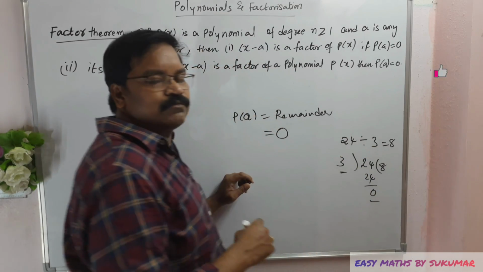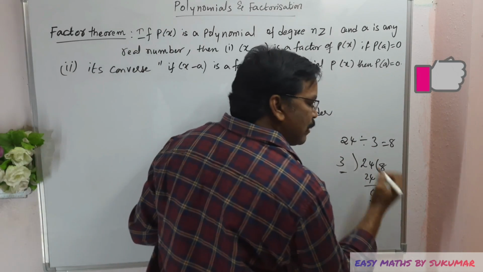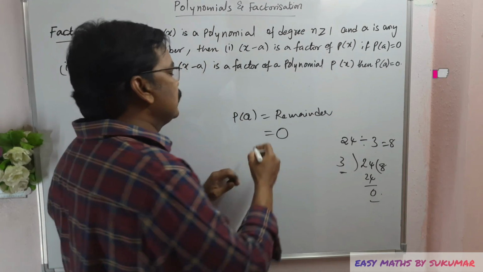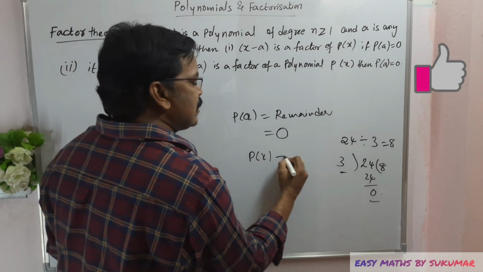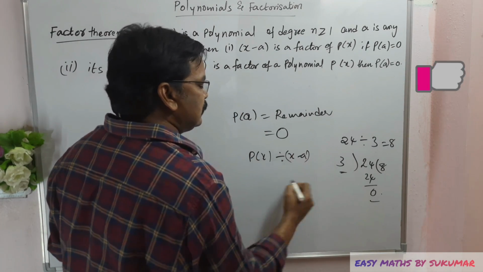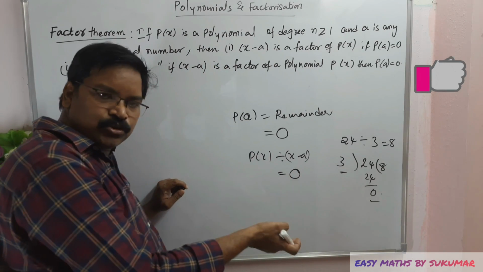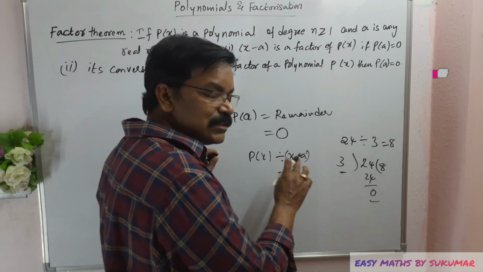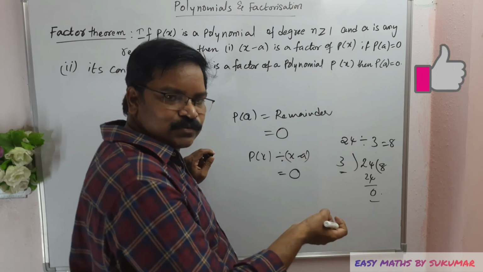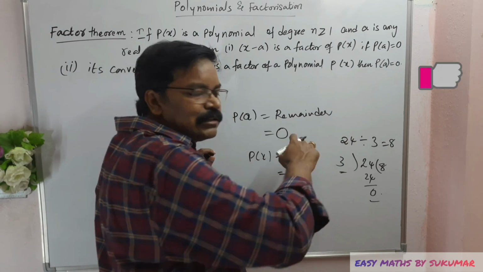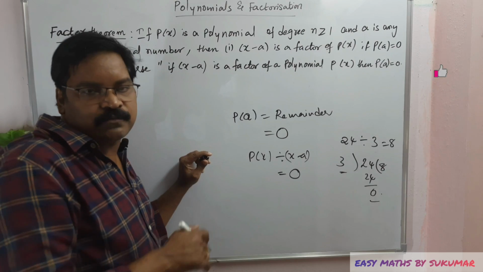So this 3 is called the factor. Why? We get the remainder 0 here. Like that, if p of x is divided by x minus a and the remainder is 0, then the value of the polynomial is 0. That means x minus a is called a factor of p of x.